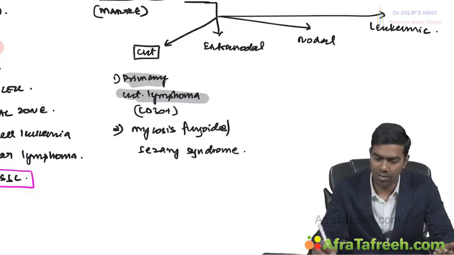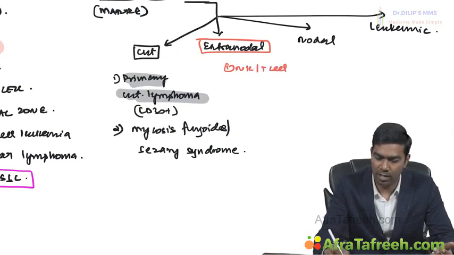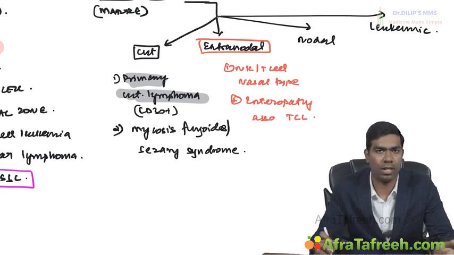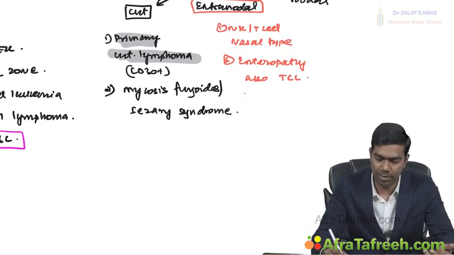Extranodal, you have some important diseases. Extranodal, number 1, you have NK or T cell nasal type lymphomas, where they involve the nose predominantly. Then you have something called enteropathy associated T cell lymphoma. Typically, these enteropathy associated T cell lymphomas happen in gluten hypersensitivities, in celiac disease especially. Then you have something called hepatosplenic T cell lymphomas.